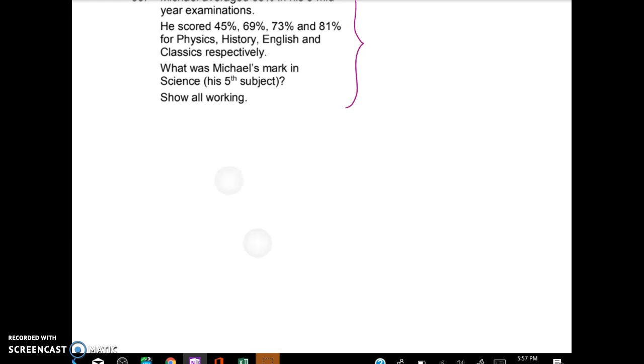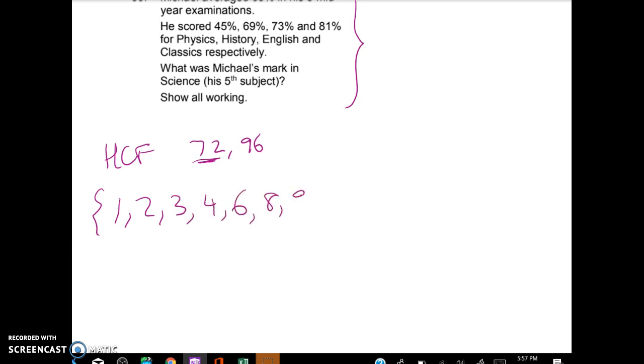So first let's do the HCF of 72 and 96. Well, I could do it by listing out the factors of one of those numbers and then checking the other one. So factors of 72 are 1, 2, 3, 4, 6, 8, 9, 12, 18. Man, so many factors of 72.